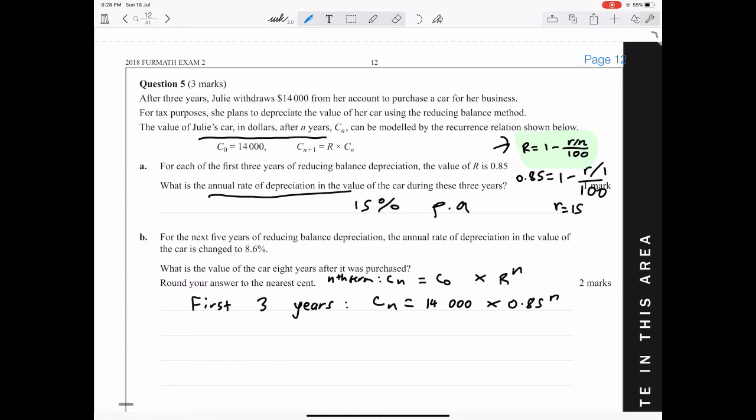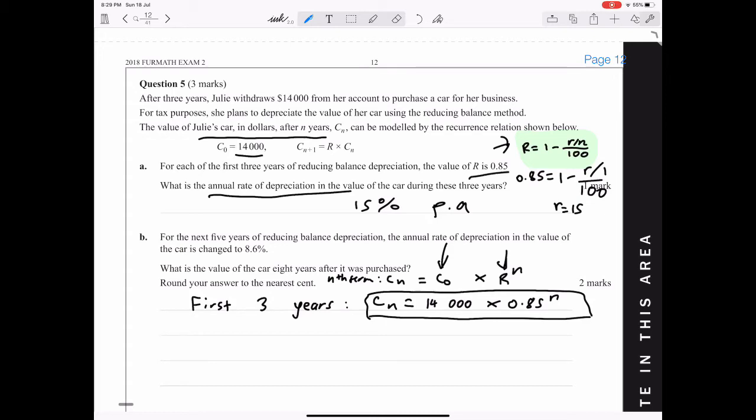So to do this question, the way I do it is to find the nth term relation for the first 3 years, which I've found over here. So if you don't know how to get this equation, you would use the following rule over here. So you find the value of C0, which we have is 14,000, and the value of R, which is given in the question over here, 0.85.